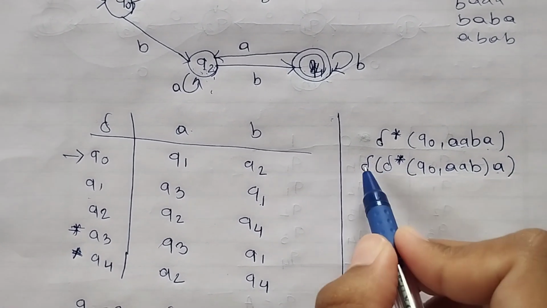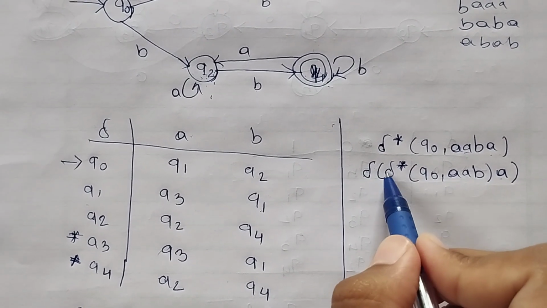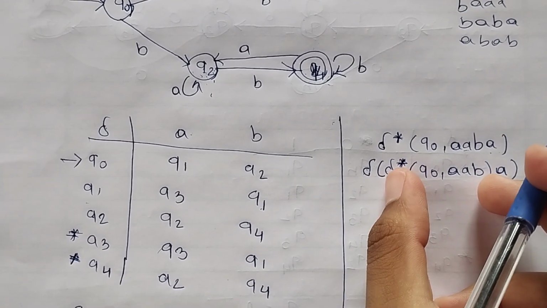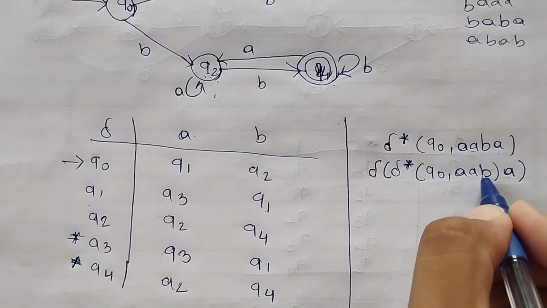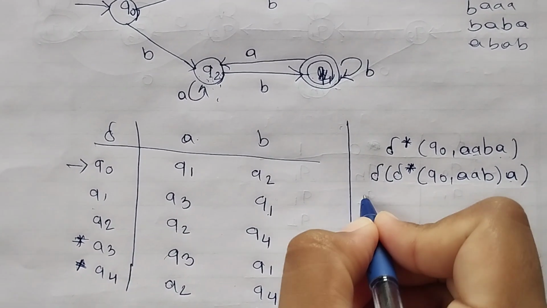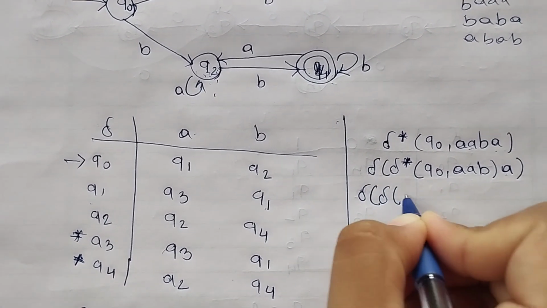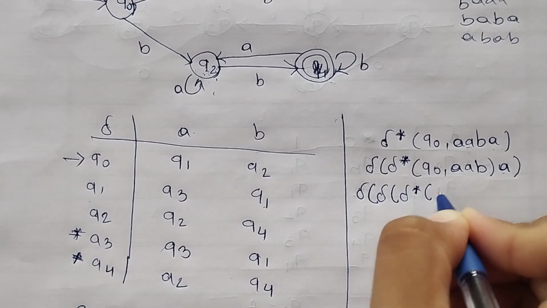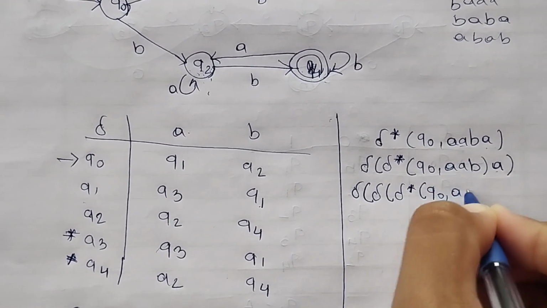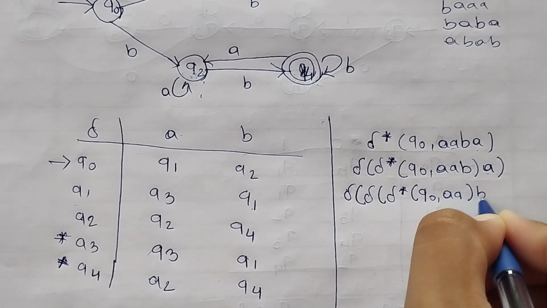For this A, this delta is here, and this delta star is again for this whole string. Now we separate this B. So this delta in bracket, this delta and delta star, and Q0 A, this B.